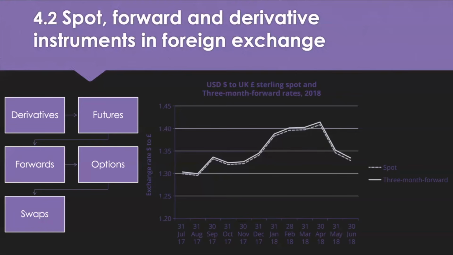Instead, they're customized contracts traded between private parties in the over-the-counter market, and they carry the risk of one party defaulting on the arrangement. A normal currency swap will be two parties exchanging principal amounts at the beginning or the end of the swap. And the simplest and most common swap is known as a plain vanilla interest swap, where payments are made in the same currency.